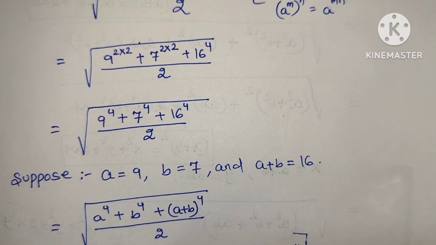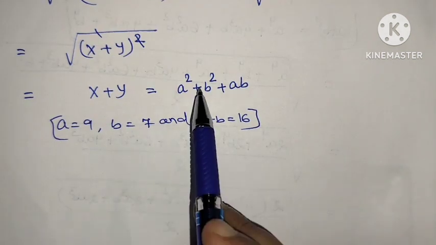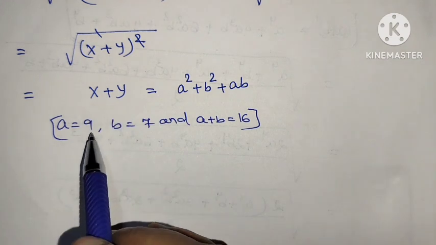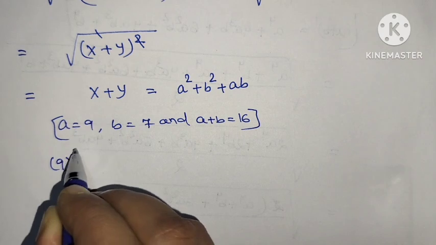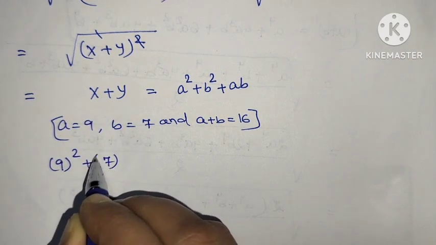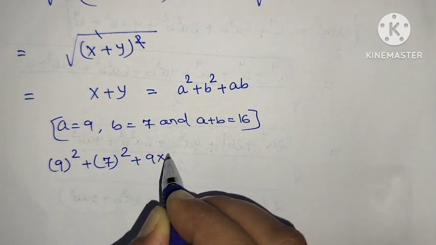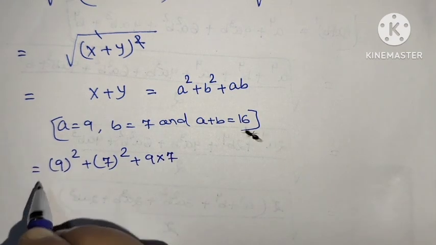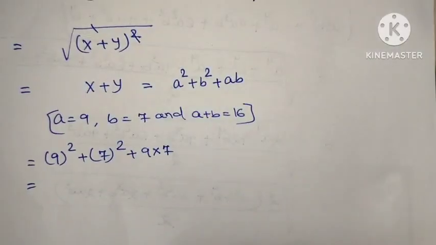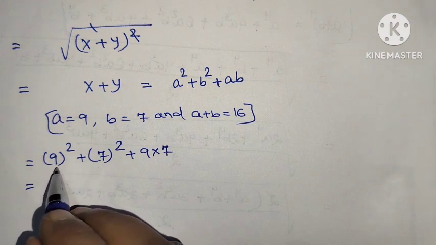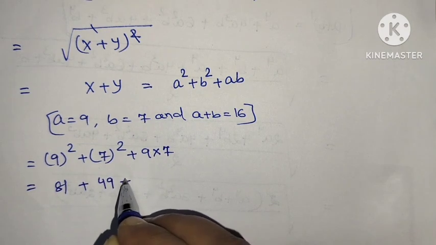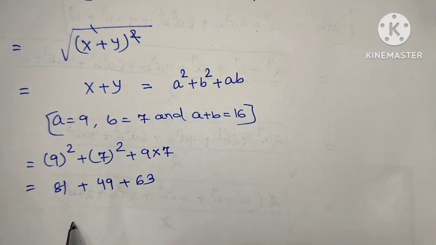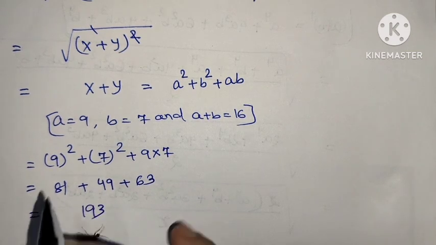We apply here the value A is equal to 9, B is equal to 7. It is 9 square plus 7 square plus 9 into 7. 9 square is 81, plus 7 square is 49, plus 9 into 7 is 63, is equal to 193.